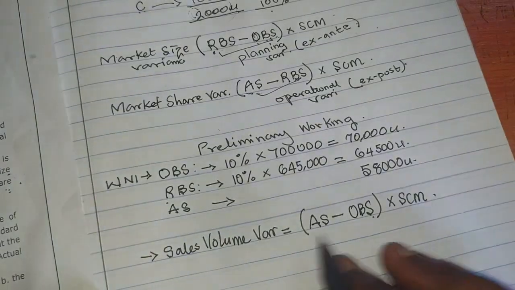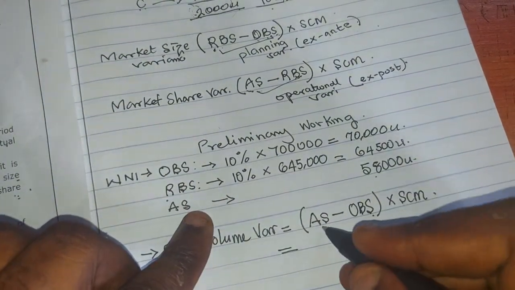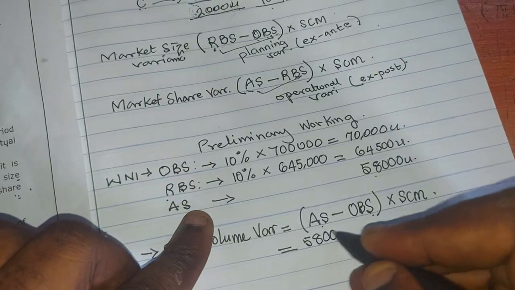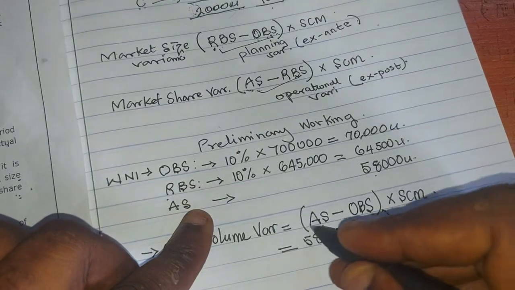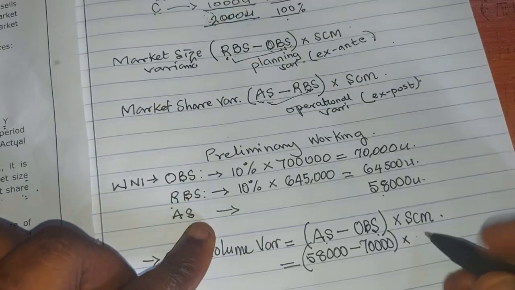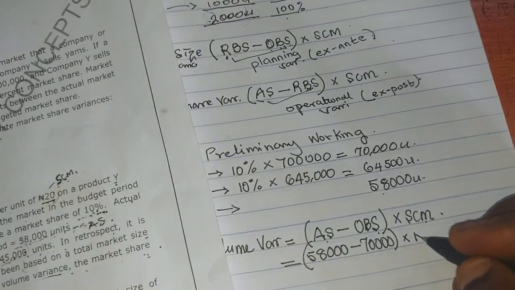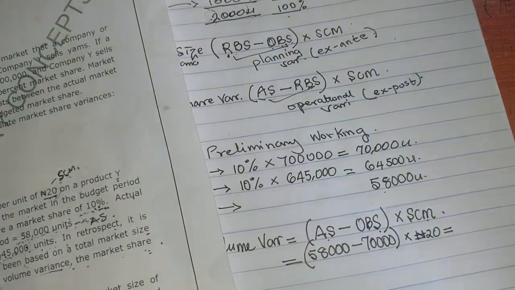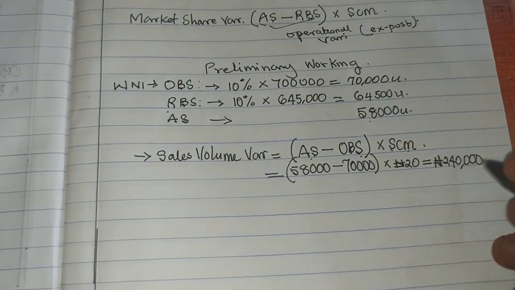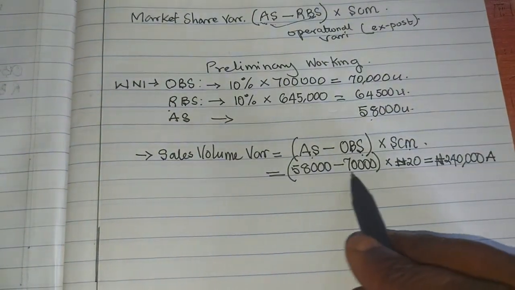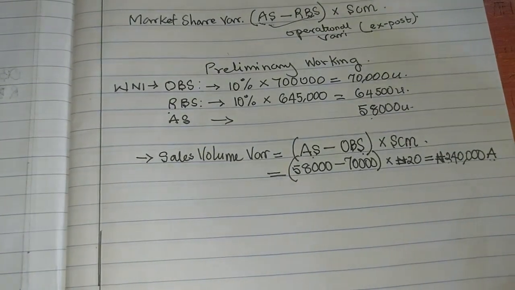That is 58,000 minus 70,000, multiplied by the standard contribution margin from the question, which is 20 naira. This will give you 240,000 adverse. Once your result is negative, it is unfavorable or adverse.